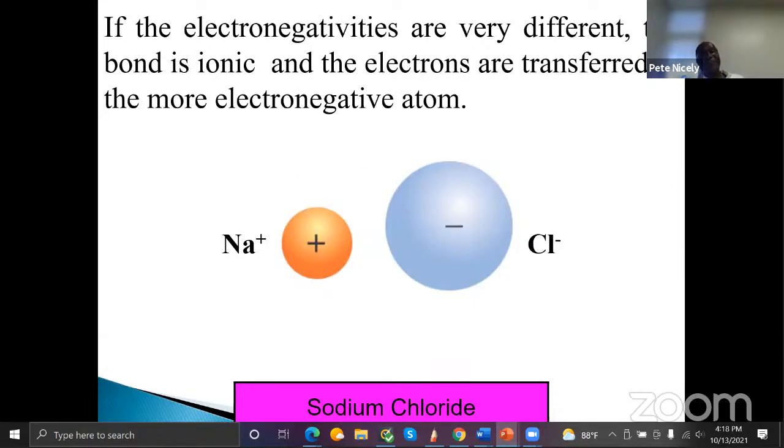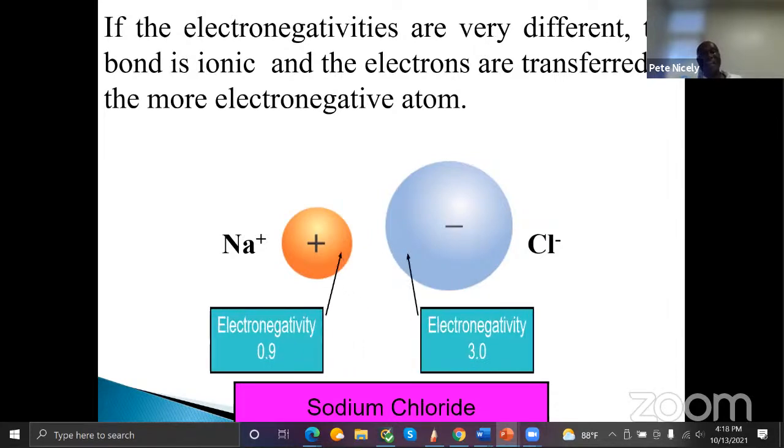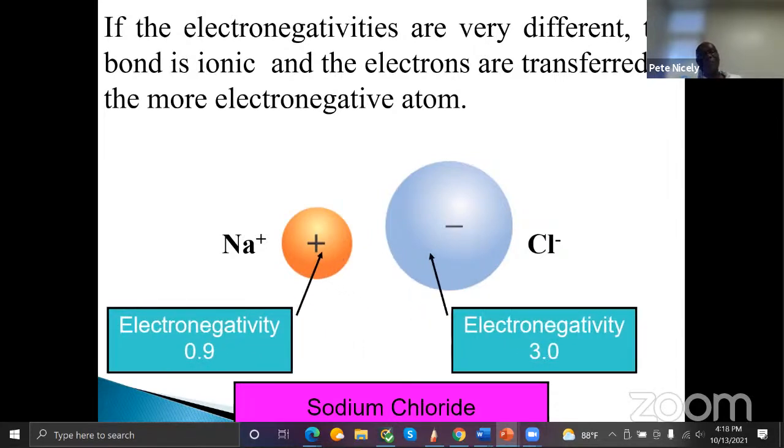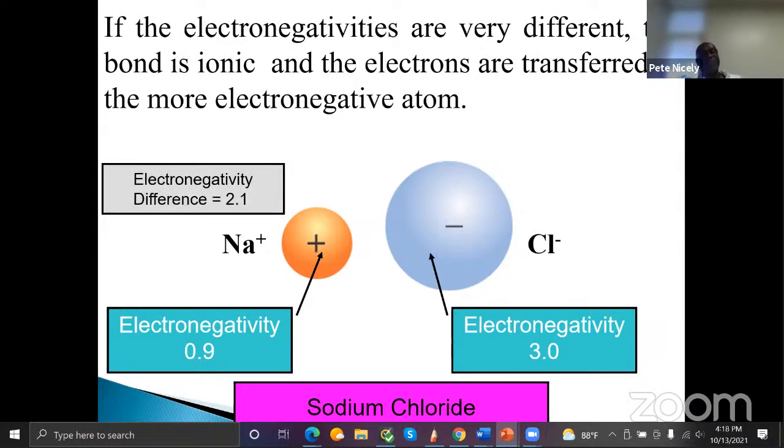Now, if the electronegativity difference is very large, as in the case of the bond formed between sodium and chlorine, then you'll have the complete transfer of electrons from the metal to the nonmetal. In this case, the chlorine atom will have an electronegativity value of 3.0, sodium would be 0.9, the difference between them would be 2.1, and 2.1 lies above 1.8.